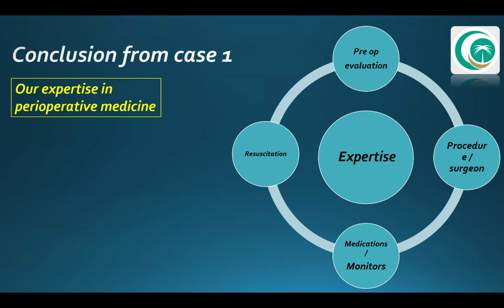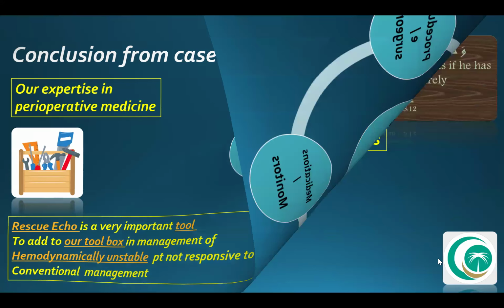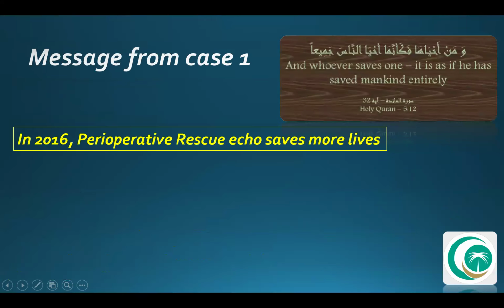Despite all this perioperative expertise, rescue echo is a very important tool to add to our toolbox in the management of hemodynamically unstable patients not responsive to conventional management. So the message from case 1, in 2016, is that perioperative rescue echo saves more lives.